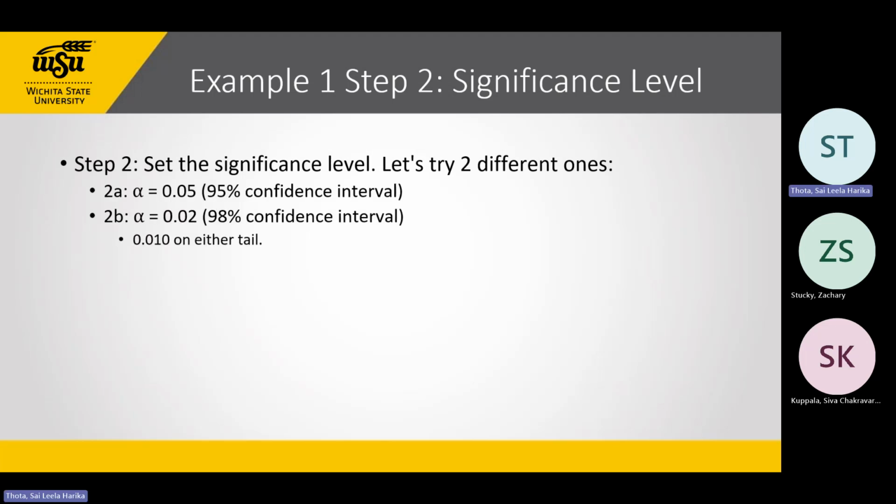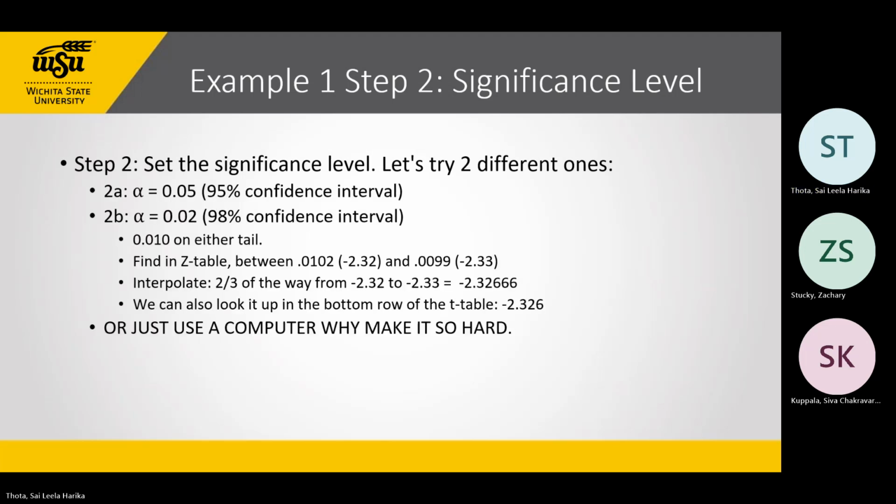And step 2. This is considering different alpha values. One is 0.05 and one is 0.02. Don't forget that if alpha equal to 0.05, it is a 95% confidence interval, and if it is 0.02, it is a 98% confidence interval.